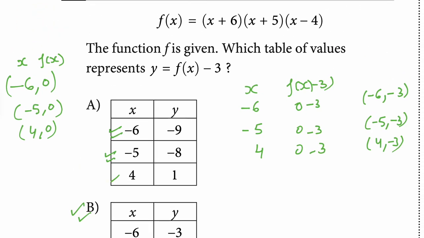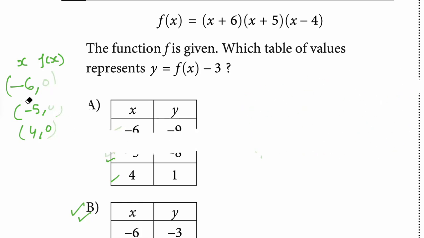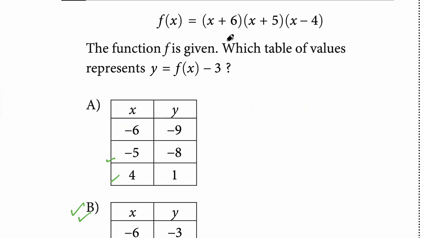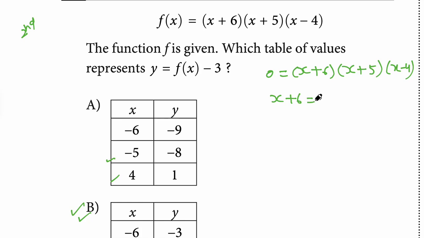Now I'll do this question by the second method, which is completely different. If I observe the question, negative 6, negative 5 and 4 will be the zeros of the polynomial. How? 0 is equal to x plus 6. If we stop for a while and observe it, x plus 6 is equal to 0.